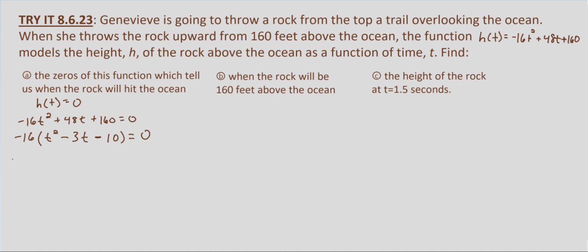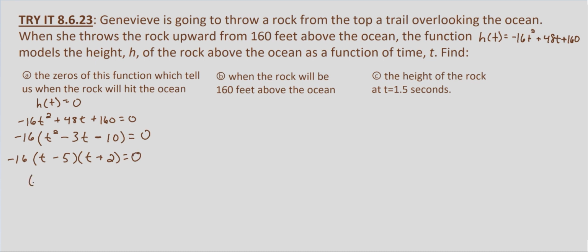Now we'll factor -16 times, we want two numbers that multiply to -10 and add to -3. That would be (t - 5)(t + 2). Well, we know -16 does not equal 0.